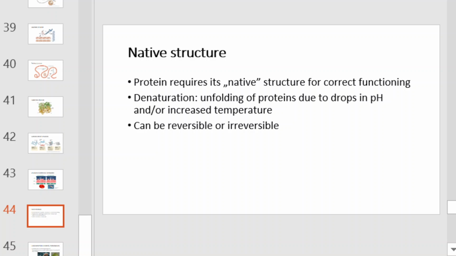If a protein is superheated, it can denature or unfold, at which point it loses its native architecture and will no longer function. Cooling a protein down does not destroy its native function, but can also adversely affect its ability to do its job. Denaturization can be reversible or irreversible, dependent upon the stage to which it is carried.